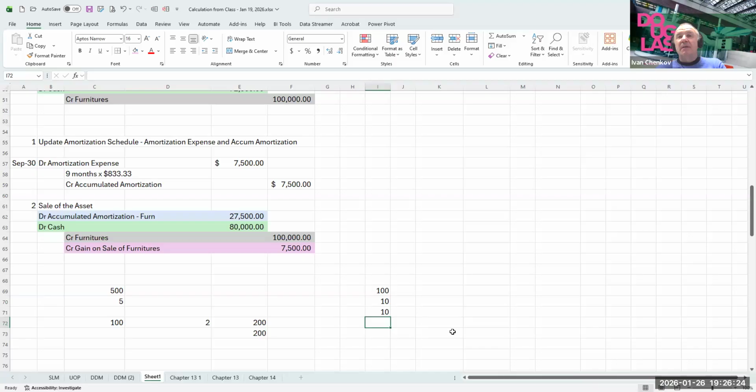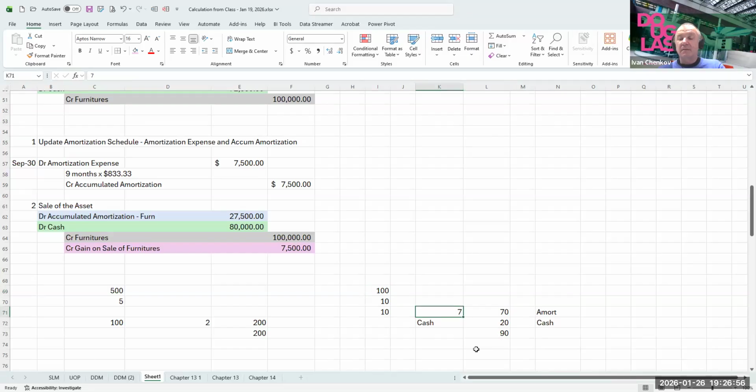Now the question is, how many years are you using it? I'm using it 7 years. 7 times 10, 70. Cash, I'm getting cash, $20. How much in total do I get? This is my amortization. This is my cash. Amortization and cash is only 90, but I paid 100 in the beginning, so I'm losing 10.